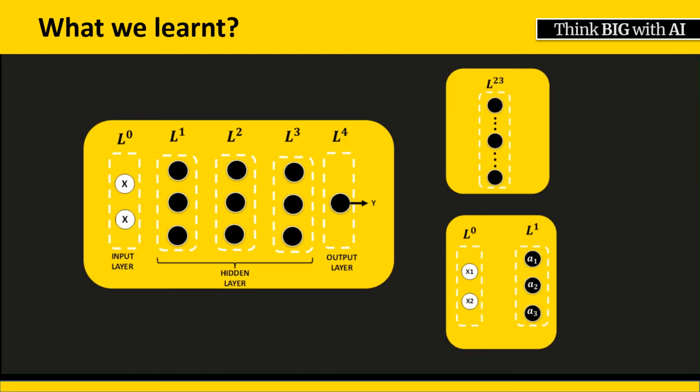Now let's see what we have learned so far. Initially we saw a very simple neural network structure with multiple layers, which we can see here from layer 0 to layer 4. Then we thought about uniquely identifying with some symbol a single node of layer 2.